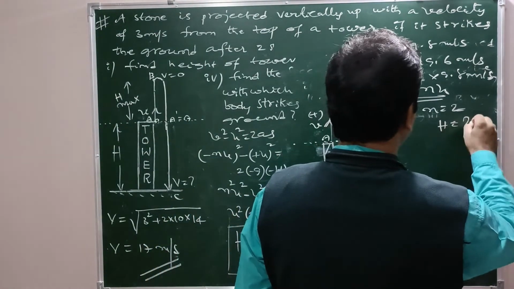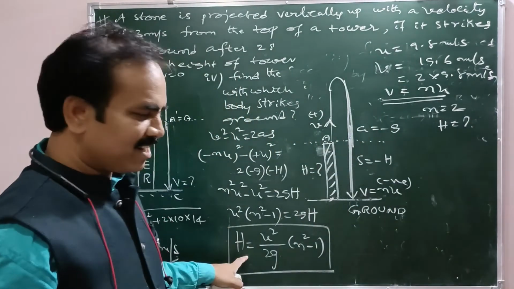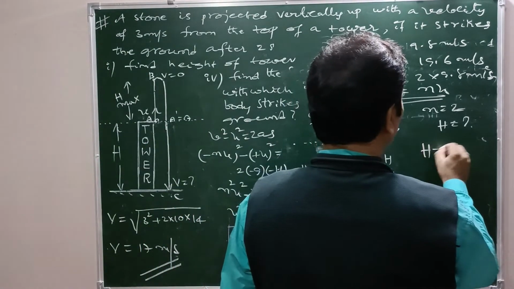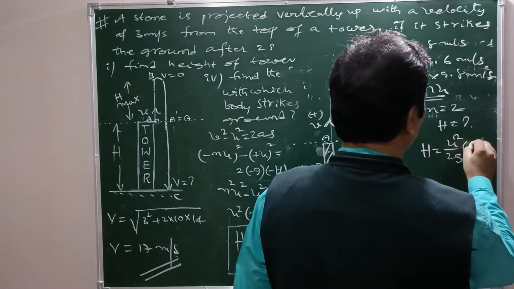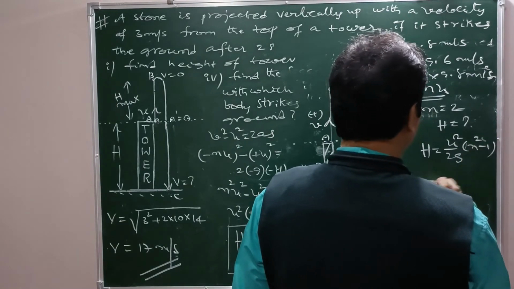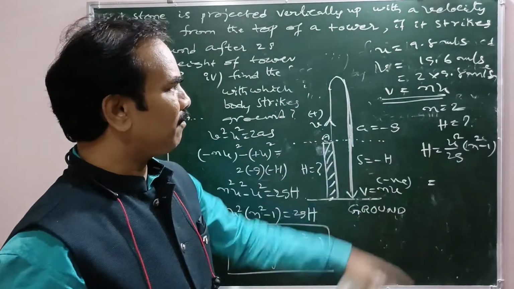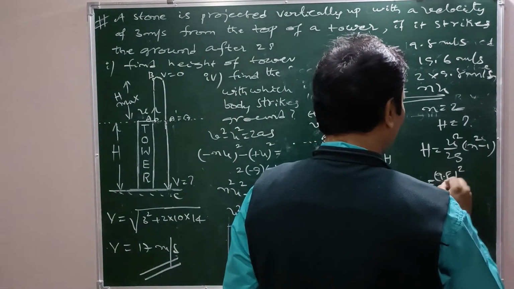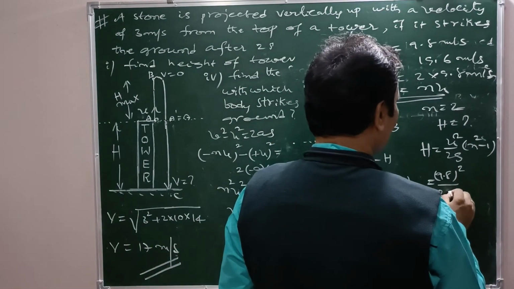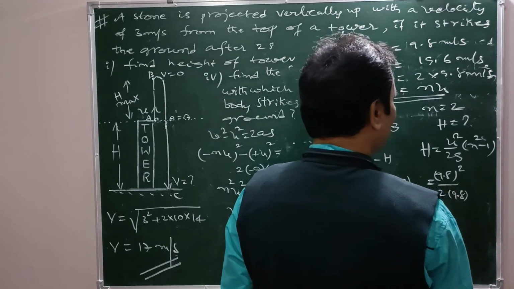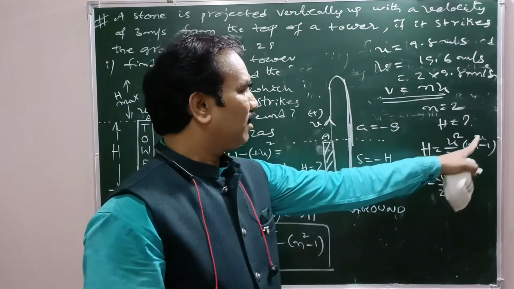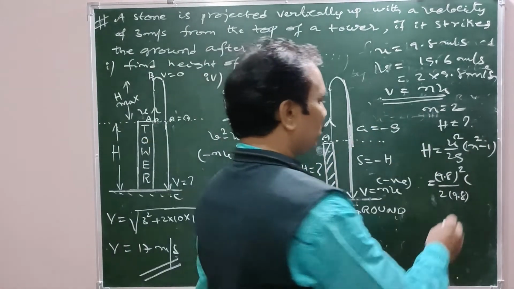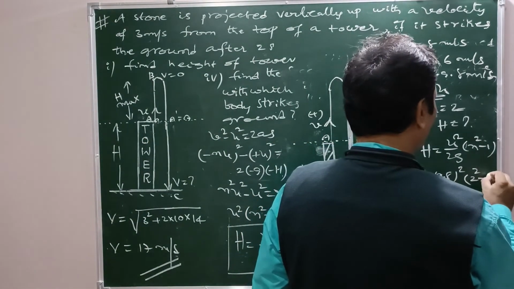Now, to find the height of the tower, take this formula into consideration: h equal to u square by 2g into n square minus 1. u is 9.8, so 9.8 whole square by 2 into g, which is 9.8, into n square minus 1. n is 2, so 2 square minus 1.